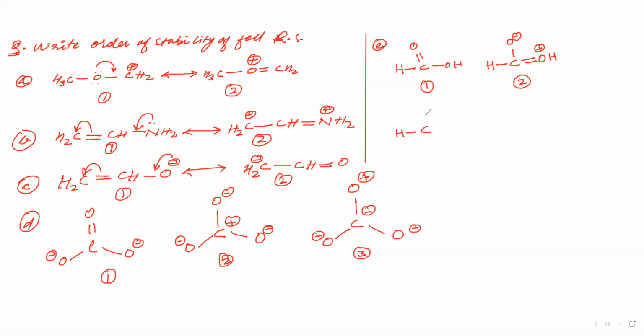H, C, single bond O, and a single bond O here also, and H. If this is single bond, then it is fine. OH is fine, and this will be negative. This will be positive. Okay, it's great. This is the third structure. The fourth structure that I can make is H, C, O positive, C negative, OH. It's the E question.